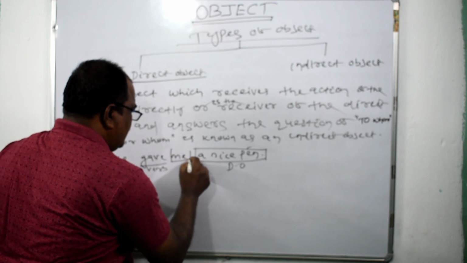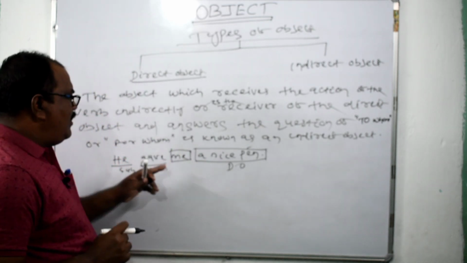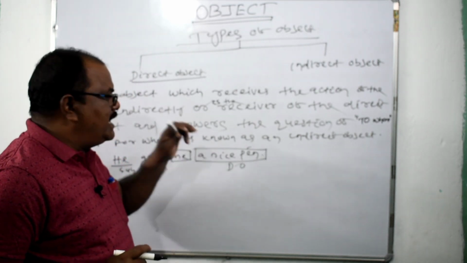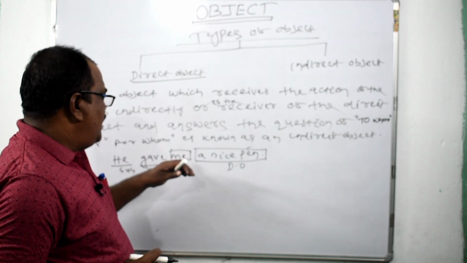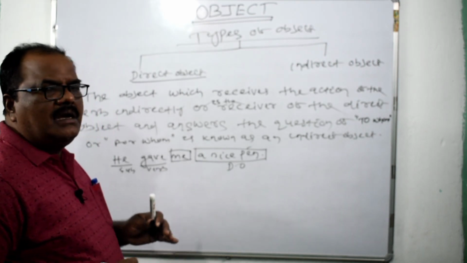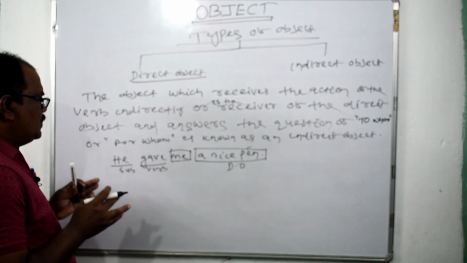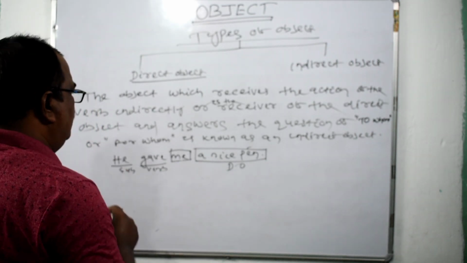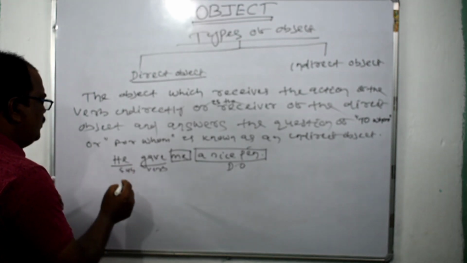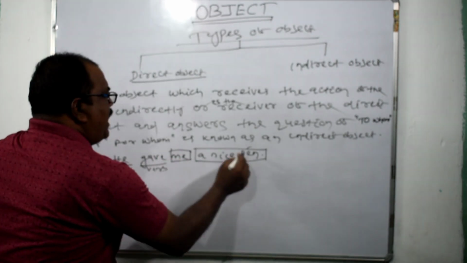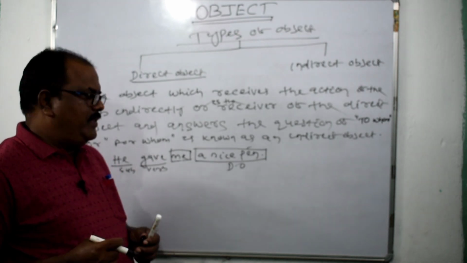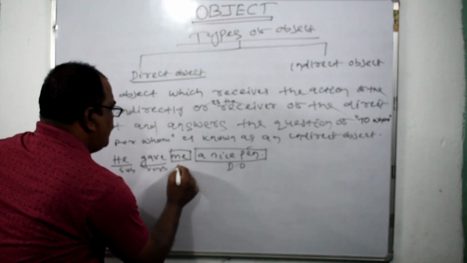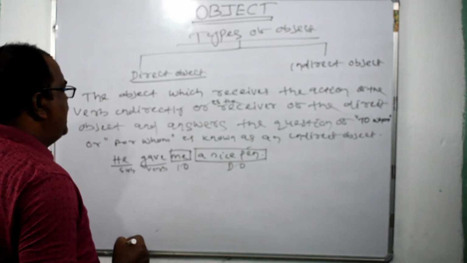This part is the receiver of the direct object. This part answers the question to whom. To whom did he give a nice pen? He gave me a nice pen. Therefore, this part is known as the indirect object.